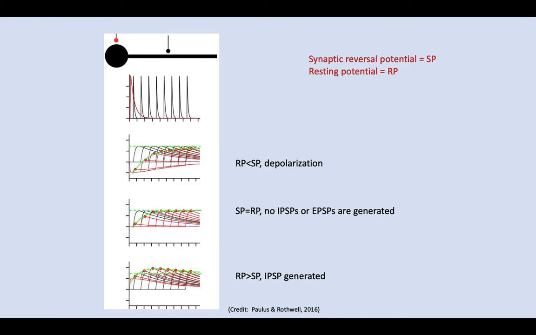These graphs show what is happening with the synaptic reversal potential and the resting potential. The first one is a control, showing a series of action potentials. The excitatory synapse is activated multiple times, you can see it across here, and the x-axis is time in milliseconds.